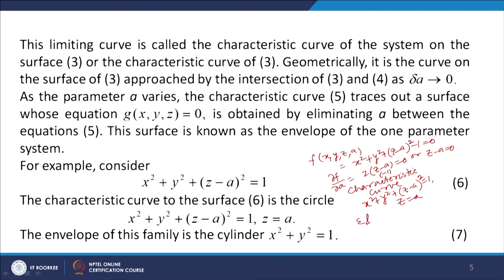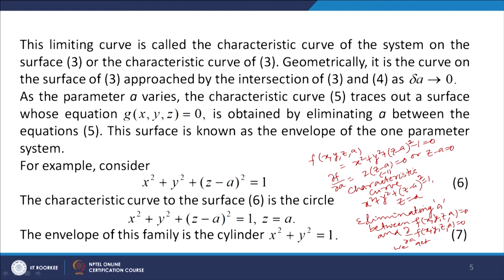Eliminating a between f(x, y, z, a) equal to 0 and the partial derivative of f with respect to a equal to 0, we get x square plus y square equal to 1, because eliminating a from these two equations means you replace z by a here.